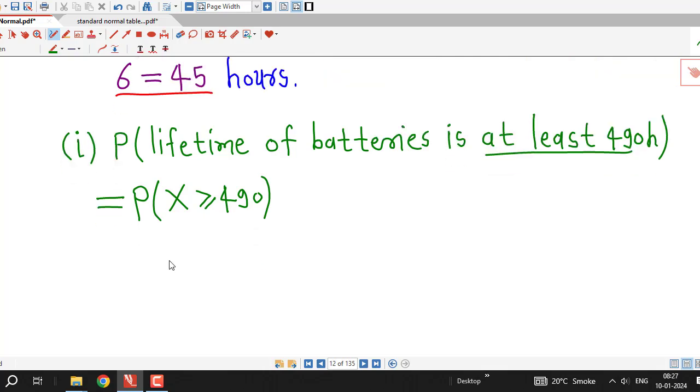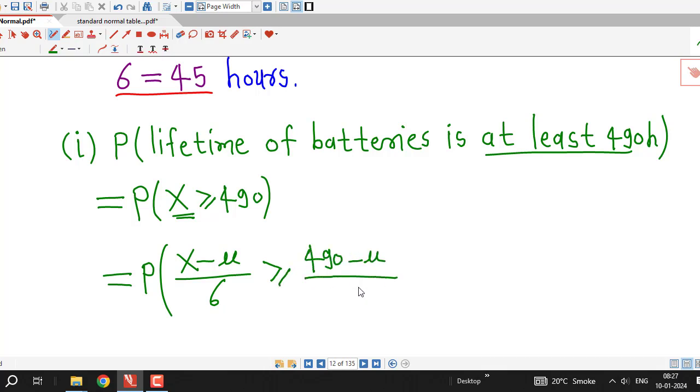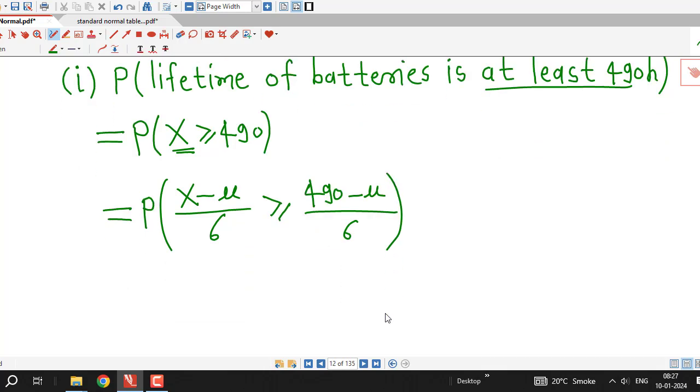Now to calculate this probability, we know that we have to convert this capital X, which is a normal random variable, in terms of a standard normal random variable. So for that we subtract the mean and divide by the standard deviation on both sides: 490 minus mean mu divided by sigma.